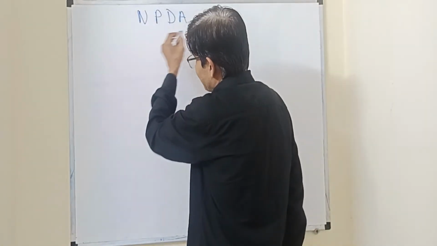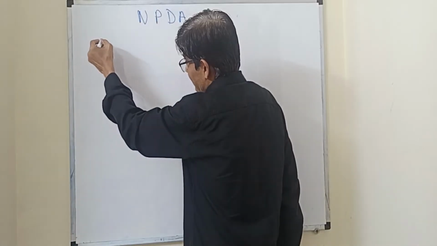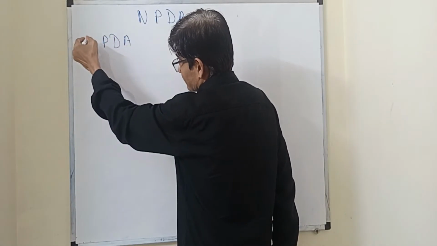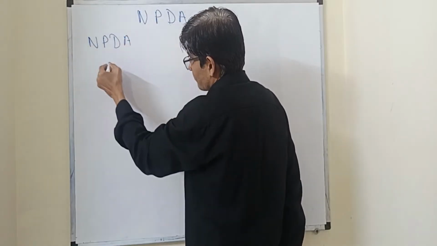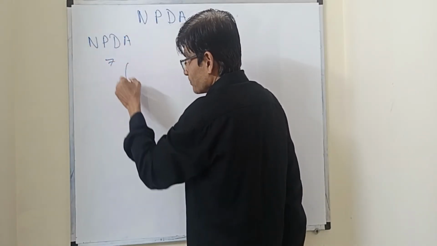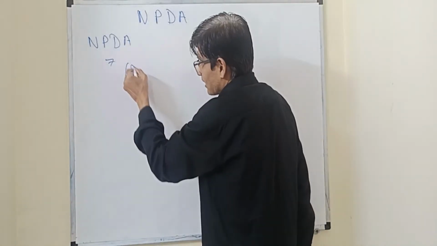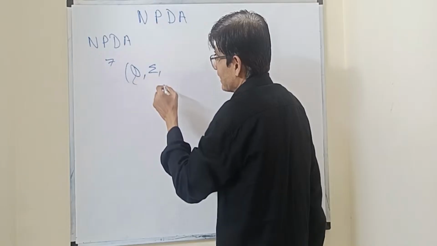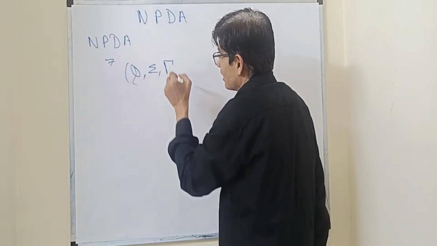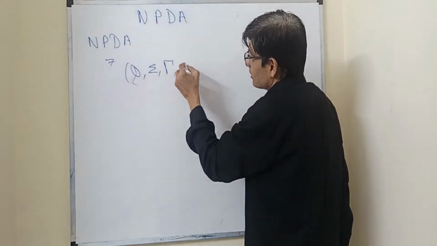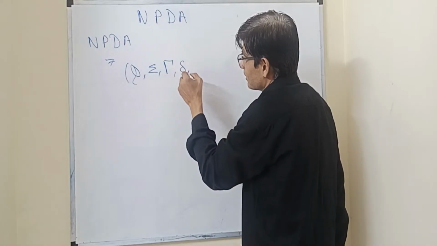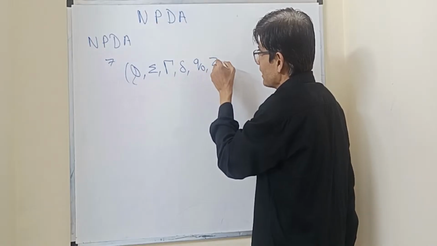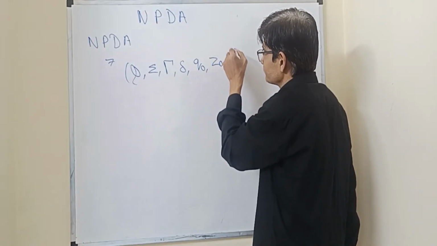Like PDA, NPDA is also a 7-tuple machine, and the tuples are exactly the same: capital Q, then sigma, then gamma, then delta, then Q0, then Z0, and F.